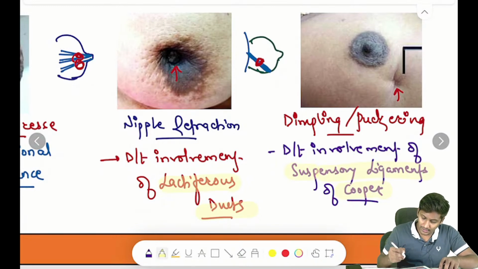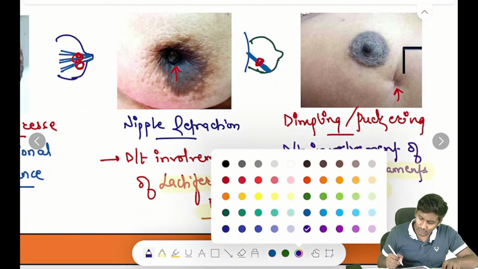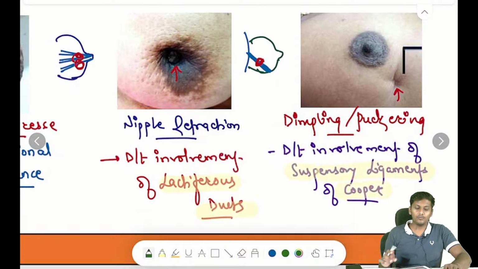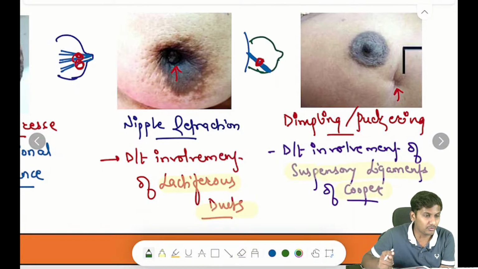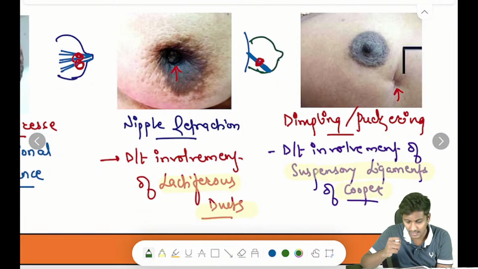Now the second important thing: will you consider nipple retraction and dimpling or puckering to be skin involvement?